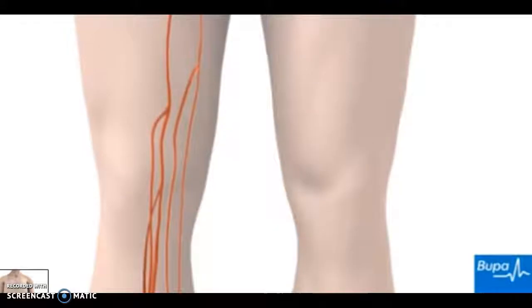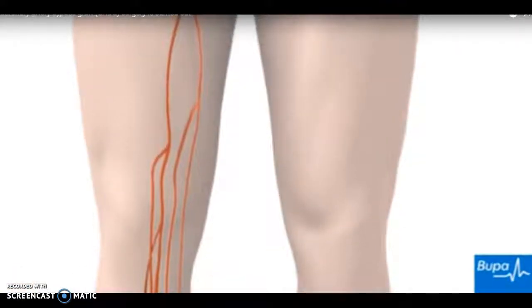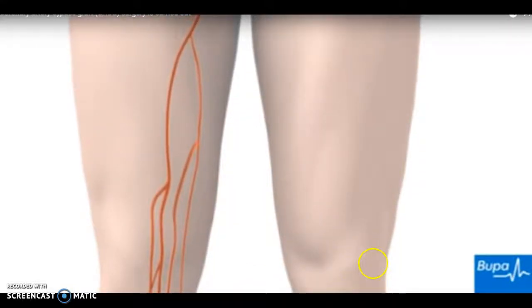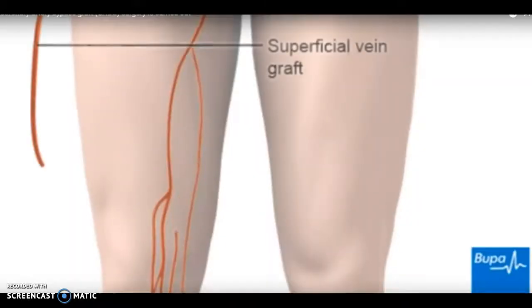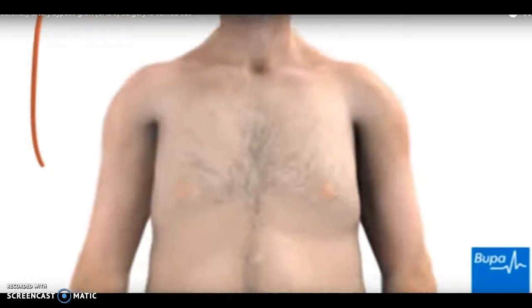If blood vessels from your leg or arm are being used for grafts, your surgeon will remove and prepare these first. A blood vessel, such as a superficial vein in the leg, which lies just below the surface of the skin, can be removed to use as a graft. A cut is then made down the middle of the breastbone or sternum, and the rib cage is opened.